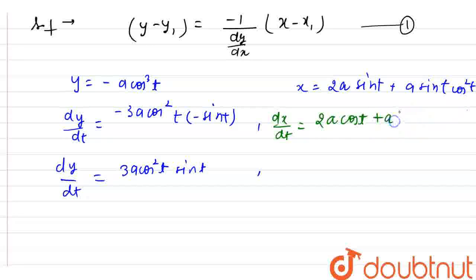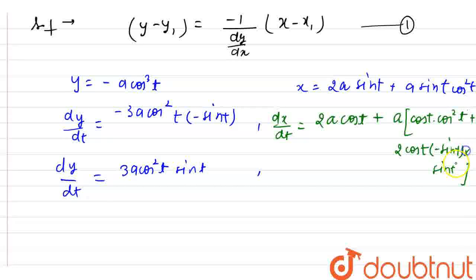So a as it is, sin t, differentiation is cos t, and cos² t as it is, plus differentiation of cos² t, which is 2 cos t times -sin t, and we already have sin t, so I'm multiplying by sin t.